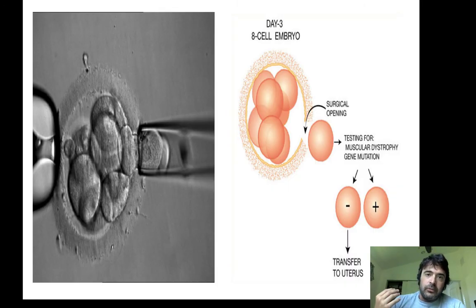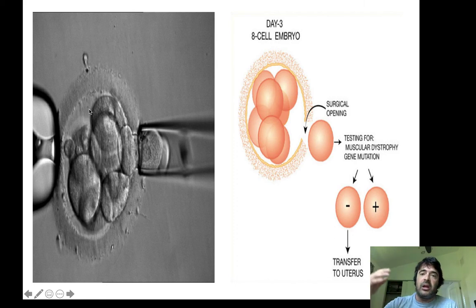Now, some of the things you should be aware of is, when you think about in vitro fertilization, essentially you're taking an ovum and an egg external from the body, you're fertilizing, you're growing them into a bundle of cells, and you're popping them back in the body, and you're hoping that implantation takes place. One of the newer trends that has emerged is what's called pre-implantation genetic diagnosis.